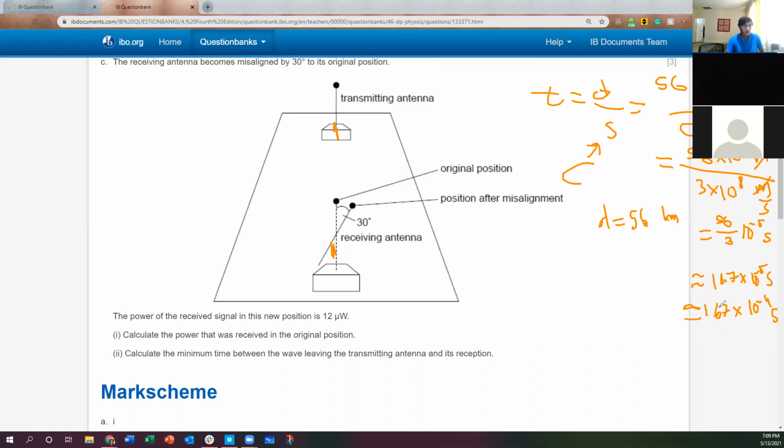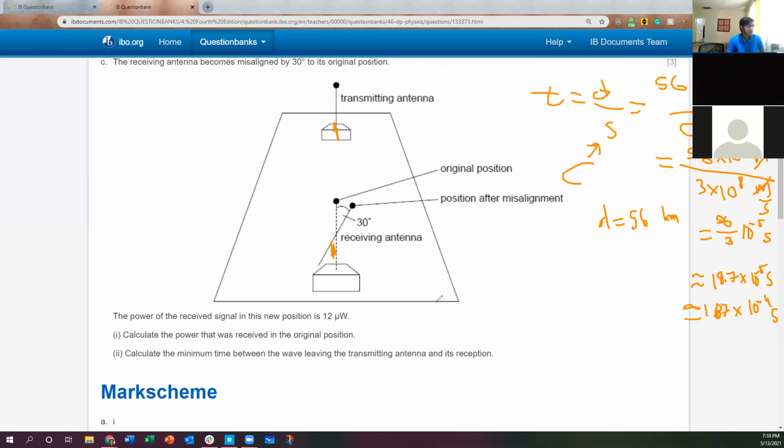I'm so sorry, that should be 1.87. Yeah, 18.7 times 10 to the negative 5, which would be the same as 1.87 times 10 to the negative 4.